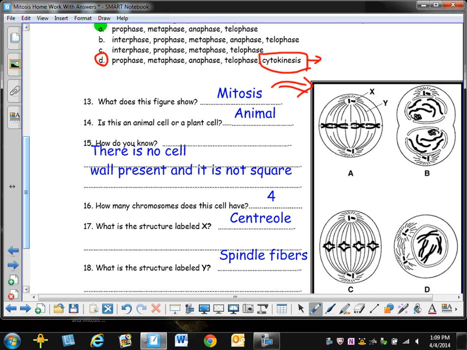We've got prophase, metaphase, anaphase, telophase. Alright? So this is mitosis. We didn't show cytokinesis. Had we put interphase in here, we have a nucleus where there is no chromosomes formed, our centrioles have not moved, then this would be interphase.